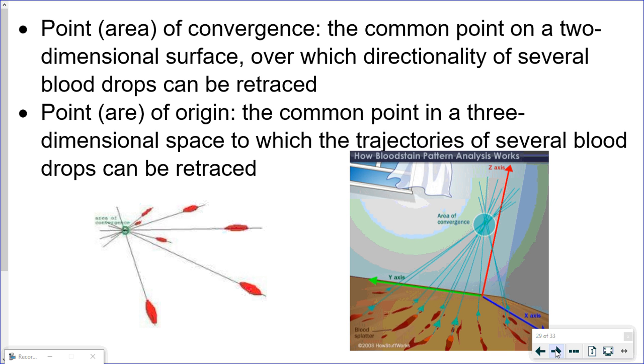You might see this at crime scenes where they do stringing and connect all the blood drops together. It finds the point in three-dimensional space where the trajectory of different blood drops can be retraced. In the blood spatter reading and activity, there's actually a video that shows them finding area of convergence and area of origin.